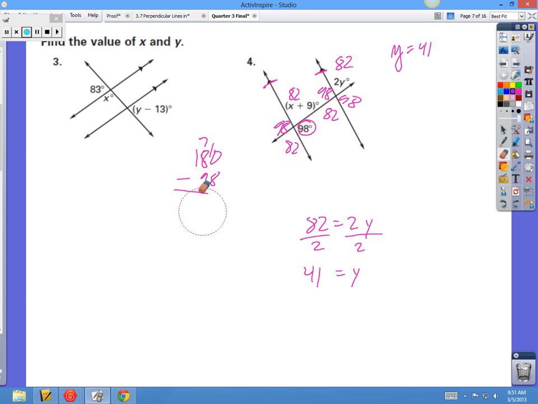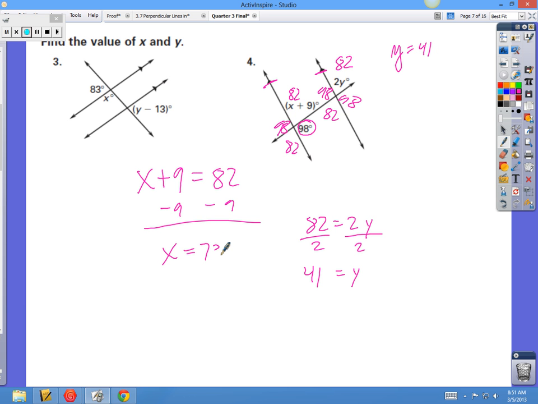So x add 9. Some number added to 9 has got to end up at 82. So let's minus 9 minus 9. X has to be, what is that going to be, 73? I think it's 73. Okay. So those two aren't too bad.